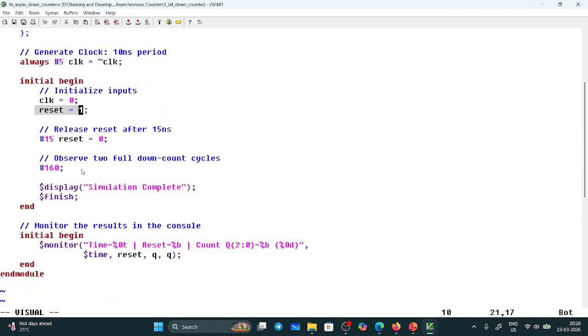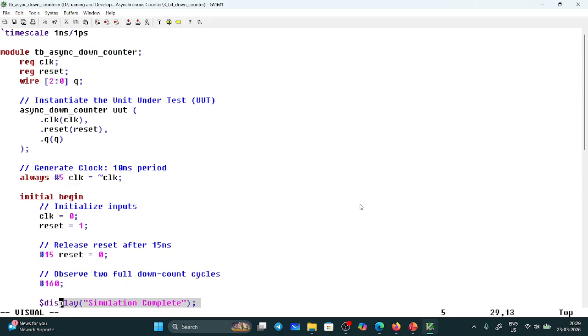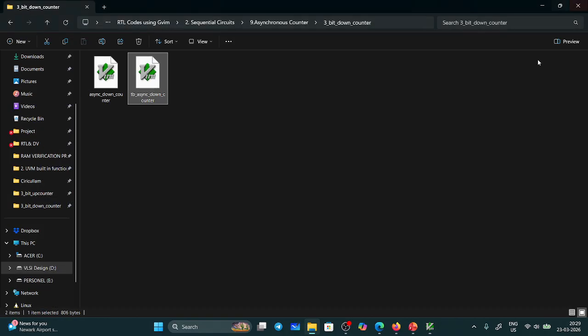Reset I am applying. After 15 time units, I am making reset equal to 0. I need to observe for 160 time units. And $monitor is for seeing the outputs in the TCL console. This is the test bench. Is it fine? Up counter and down counter.